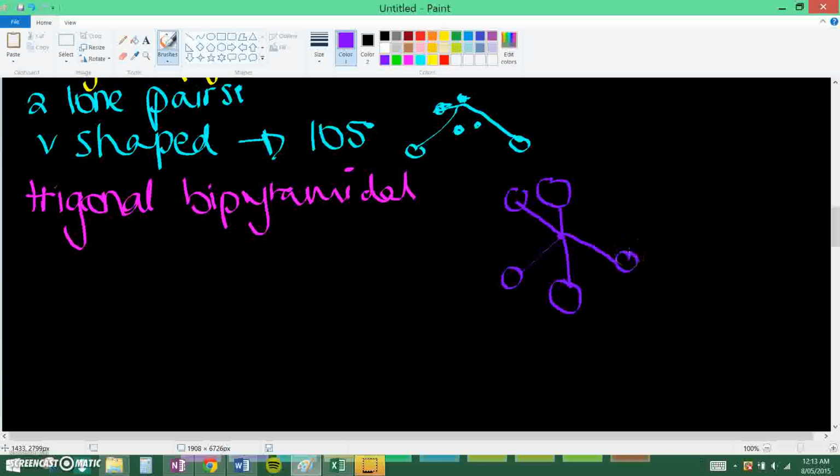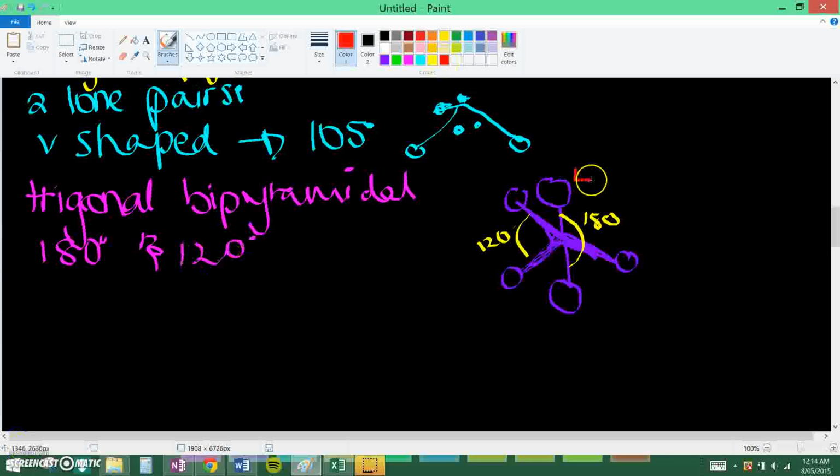That's going towards the back, that's going towards the front here, and that's going towards the front here also. I think that makes sense. Now you can see that the bond angle from here is 180 and here is 120. The bond angles are 180 degrees and 120 degrees.